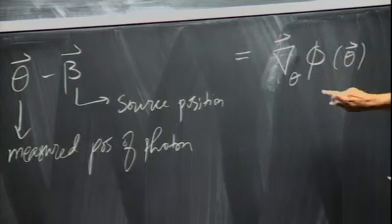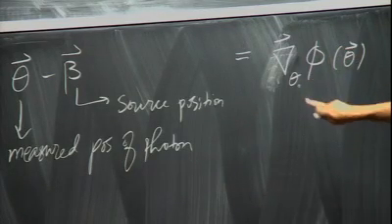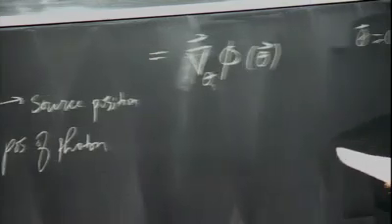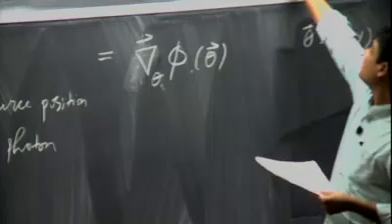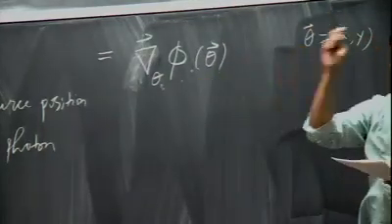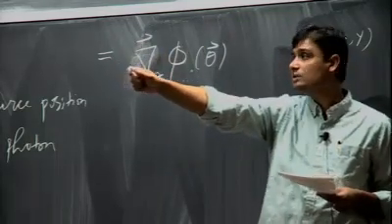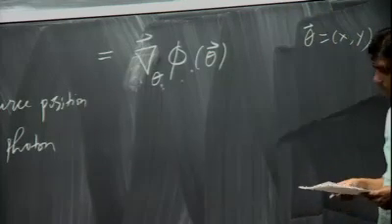This is a gradient on the sky. Theta is the angles you're measuring on the sky, so just think of it as x and y. That's the only information you have on the sky. And this phi is not actually either of these two potentials, but is basically something integrated with some window function over the actual potentials. I'll write it down in just a bit.